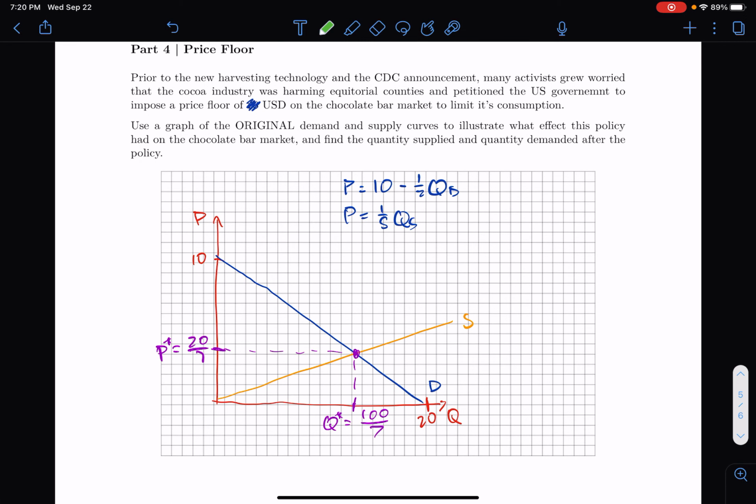So let's maybe actually set this at 5. 5 is greater than 21/7, which is 3, which is greater than 20/7. Okay. So we have this price floor. So we'll use a lower bar, and it's equal to 5.